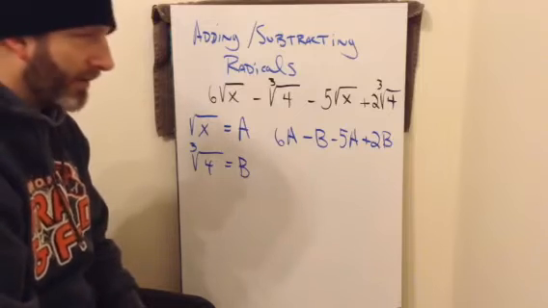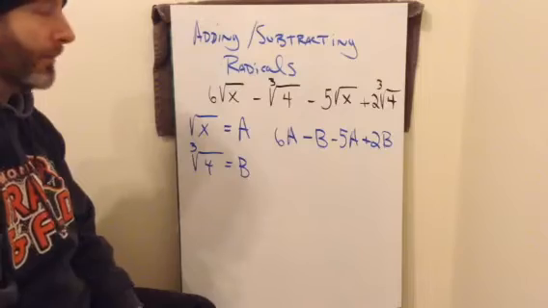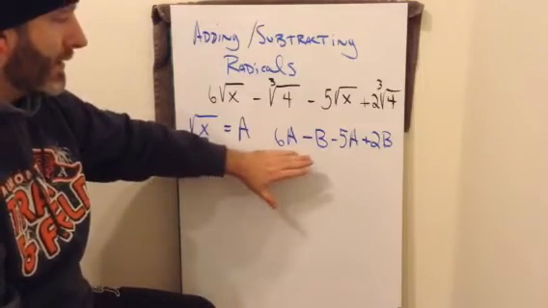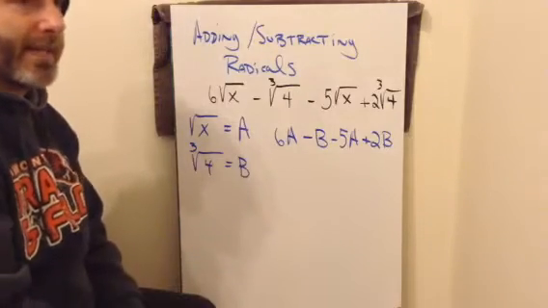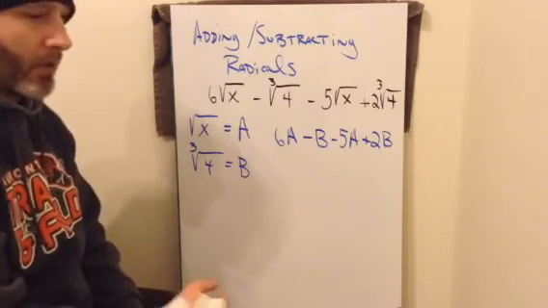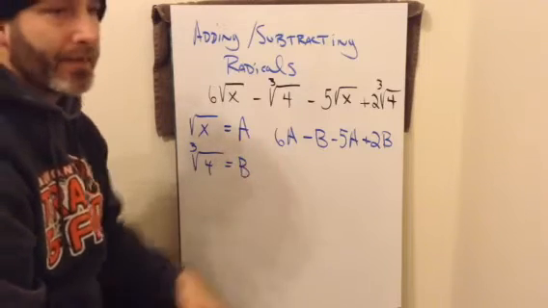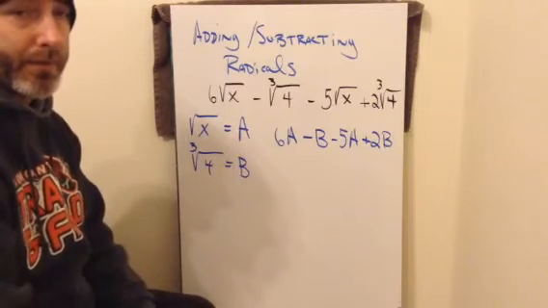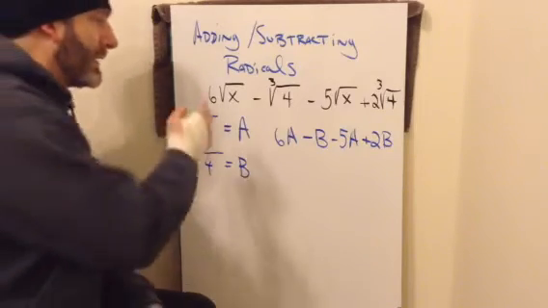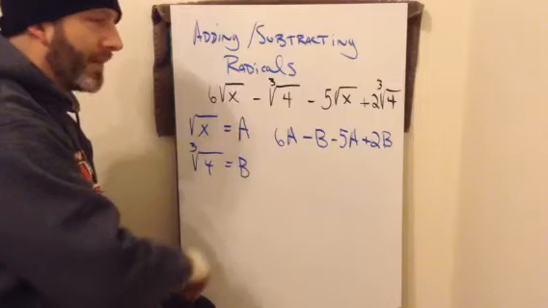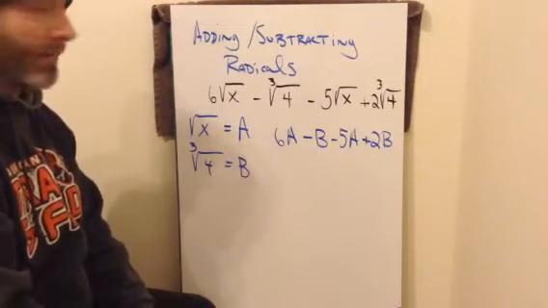6 square root of x minus cube root of 4 minus 5 square root of x plus 2 cube root of 4. Hopefully when you look at this, 6a minus b minus 5a plus 2b, the things that sound the same, you're saying, well, what do we do next? I'm going to combine like terms. The things that sounded the same are actually the like radicals.